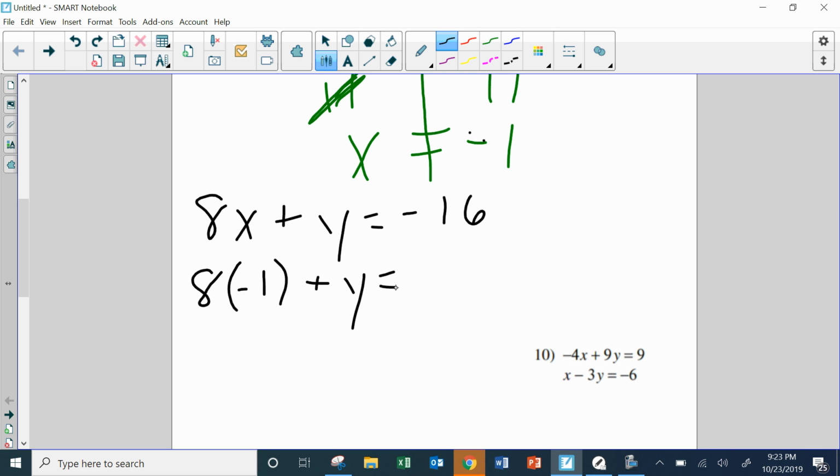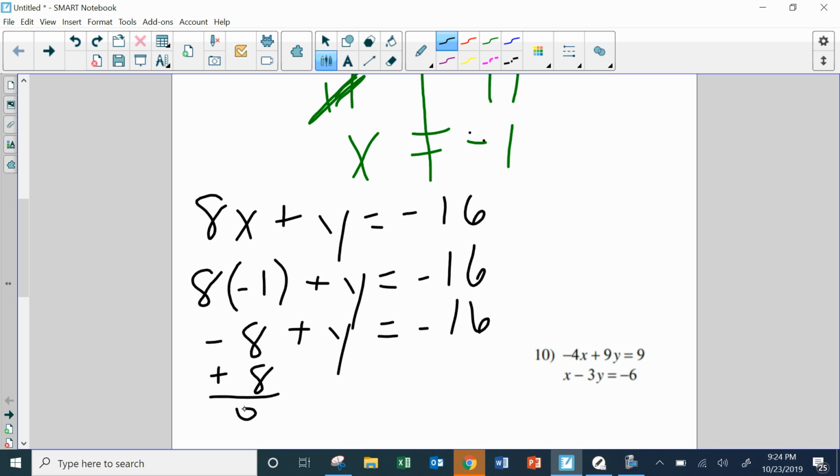And plus y equals negative 16. That gives me negative 8 plus y equals negative 16. In order to get rid of the 8, I say plus 8, which makes that go to 0. So all that just cancels out. If I add 8 over there, I got to add 8 over here. So that gives me negative 8 over here.